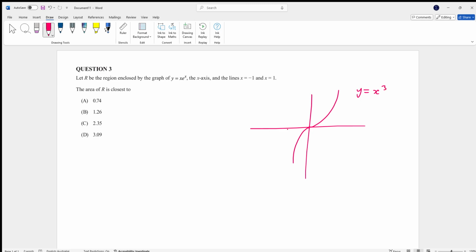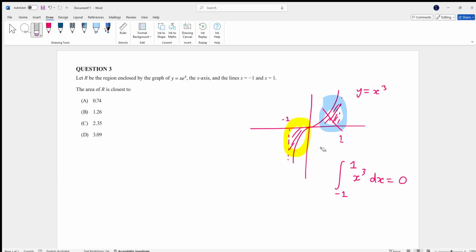If I want the area between -1 and 1, I would not integrate between -1 and 1, because this part will come out as a negative number because it's below the x-axis, and this part will come out as a positive number. They're exactly symmetrical curves, meaning they would cancel each other out. So if you compute the integral between -1 and 1 of x cubed dx, you're going to get 0. But the area is not equal to 0.